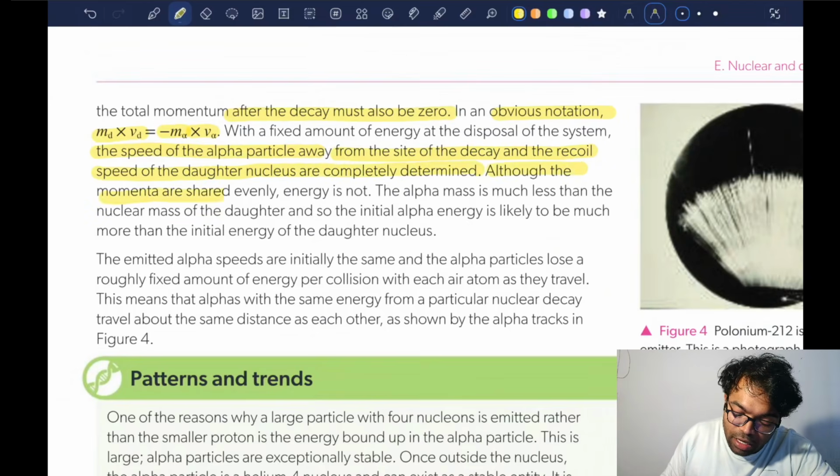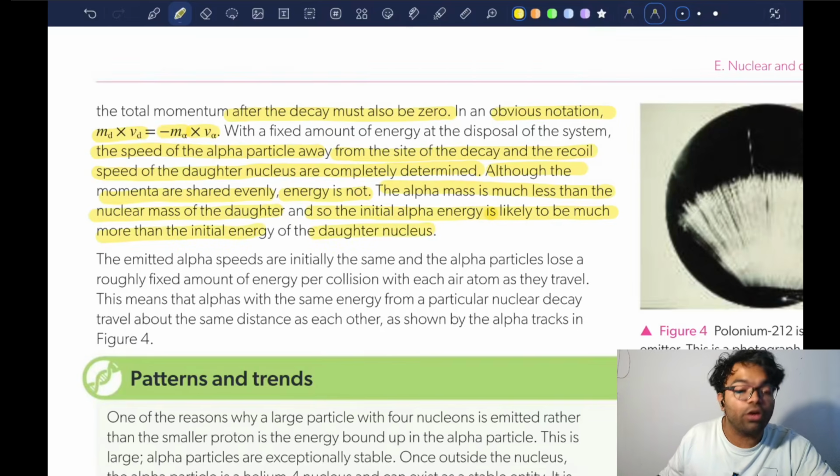Although the momenta are shared evenly, energy is not. The alpha mass is much less than the nuclear mass of the daughter, and so the initial alpha energy is likely to be much more than the initial energy of the daughter nucleus.